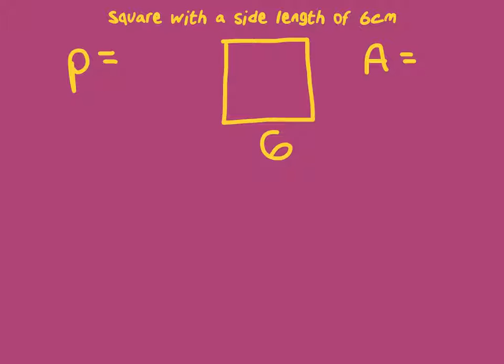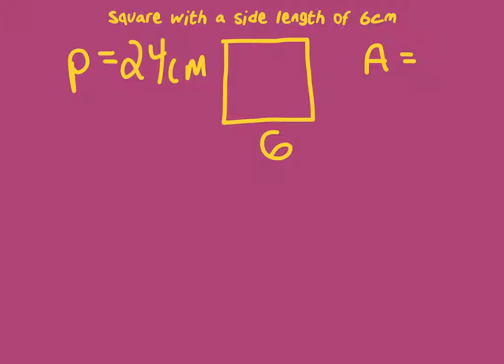Well, you should know from back in kindergarten that a square has all the sides that are the same. So if this side is 6, then so is this side, and this side. And so our perimeter is 6 plus 6 plus 6 plus 6, or 6 times 4, and we get 24.